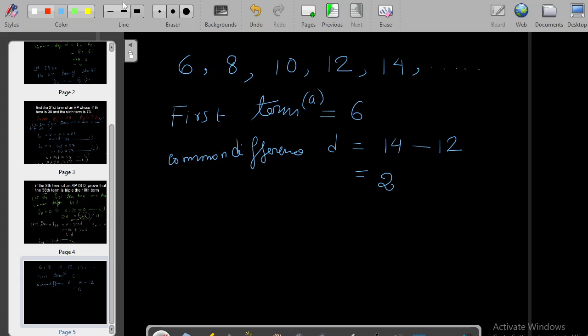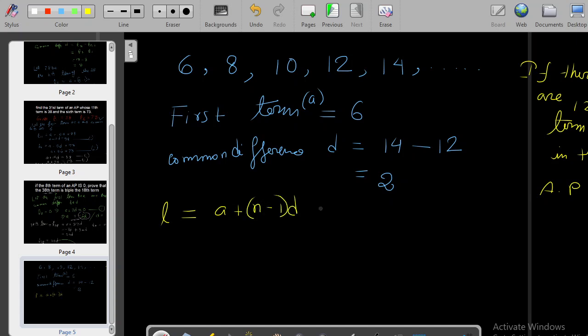Well, if there are 120 terms in the AP, then the last term will be L, which is A plus n minus 1 into D, which will be nothing but A plus 119D.